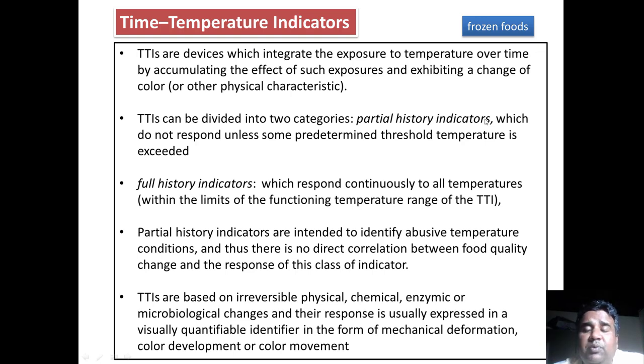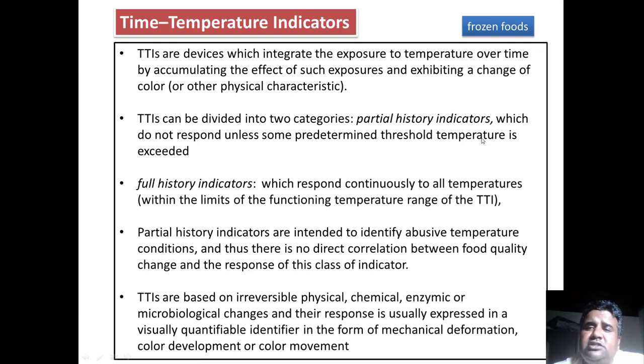If there is no change, if the temperature remains at minus 5 degrees, then it will not show any color change. It will show the color change only after the temperature has attained a threshold level, as it has been written here, which do not respond unless some predetermined threshold temperature is exceeded.